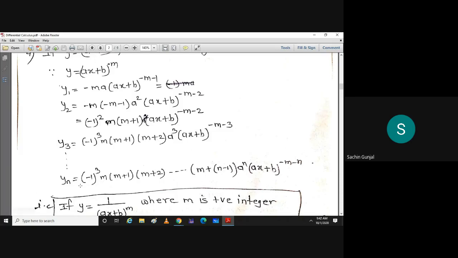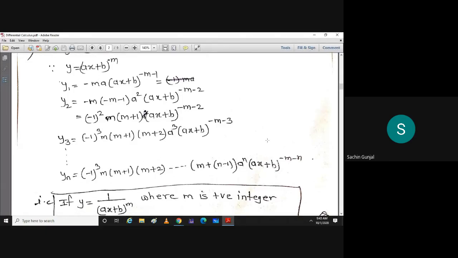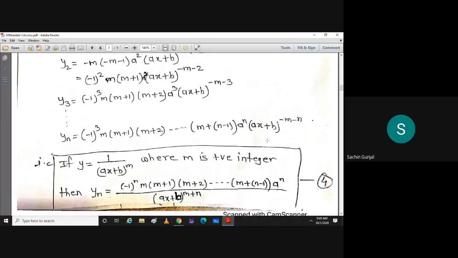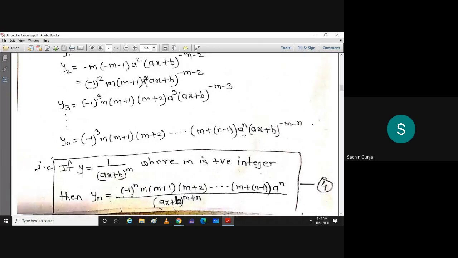So there is n, and this number will be 1 less than that. So m plus n minus 1 into a raised to n into ax plus b raised to minus m minus n. Okay, so here is the general formula.